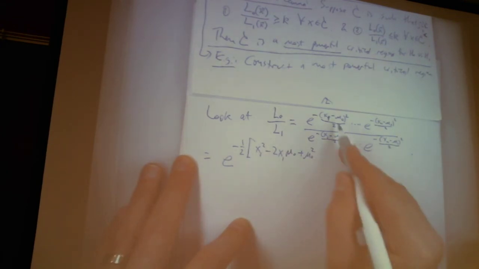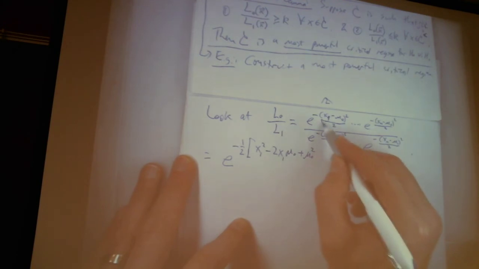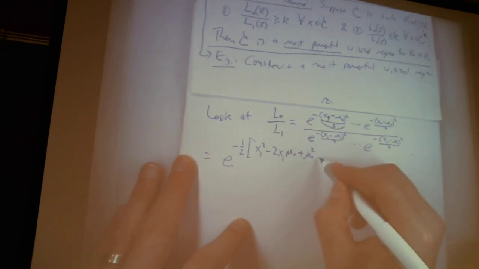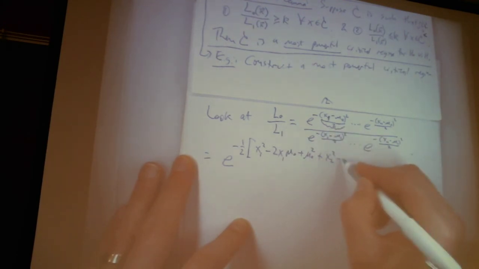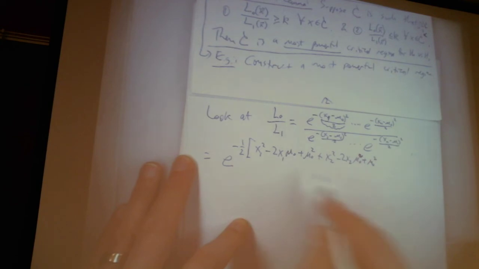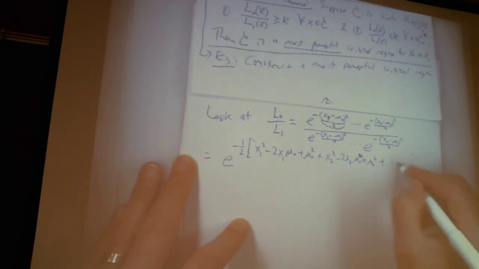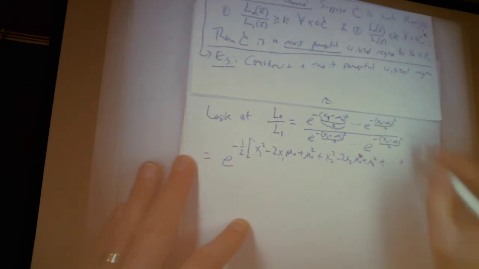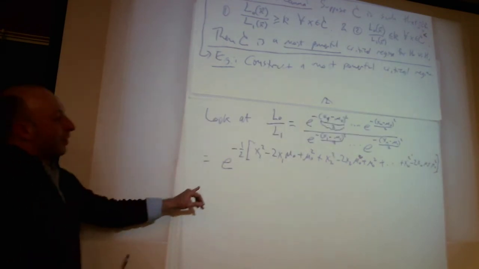That's the first bit. Then there's a second one: x2 squared minus 2x2 mu0 plus mu0 squared. All the way out to the last term, which is xn squared minus 2xn mu0 plus mu0 squared. Is everybody happy with this being the numerator?